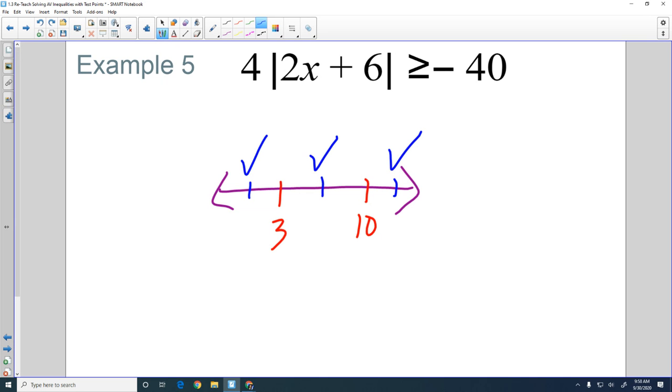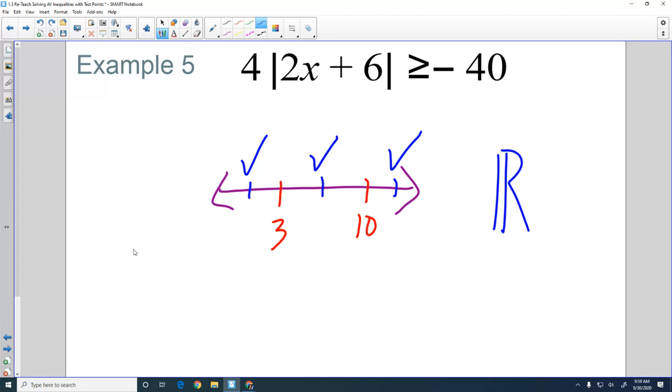And so in this scenario, it's the opposite of that previous problem, where every single number works in all three areas. So in this case, you would write all real numbers to show that, hey, every single possible number is a solution, anything to the left, to the right, or in the middle.